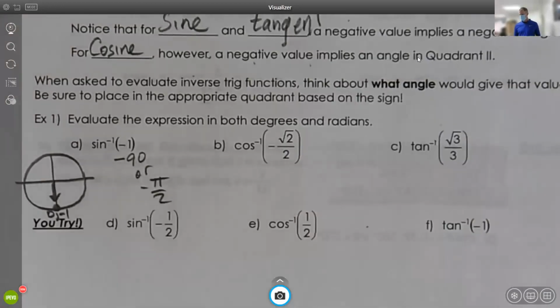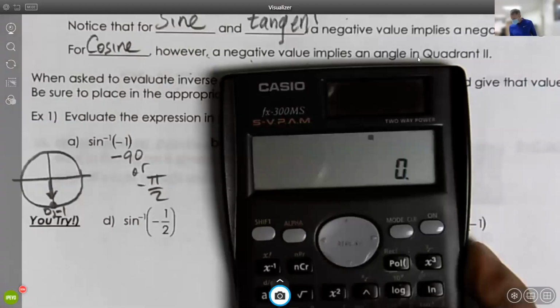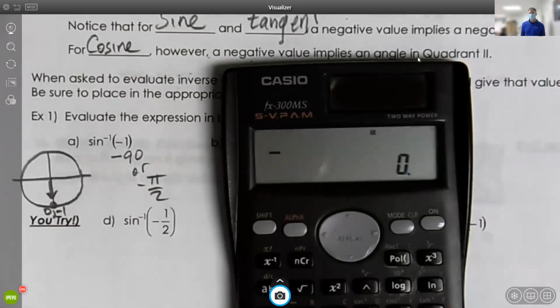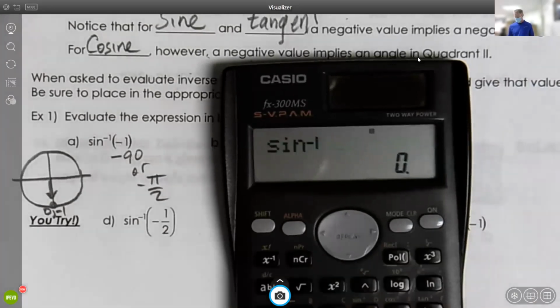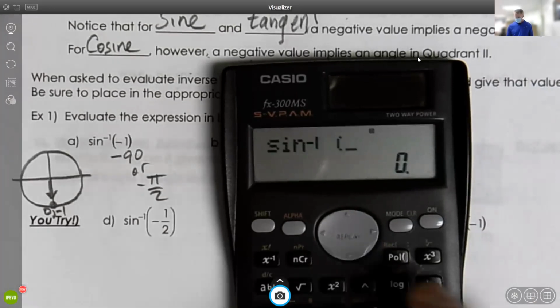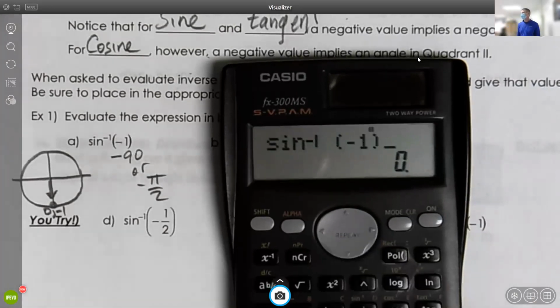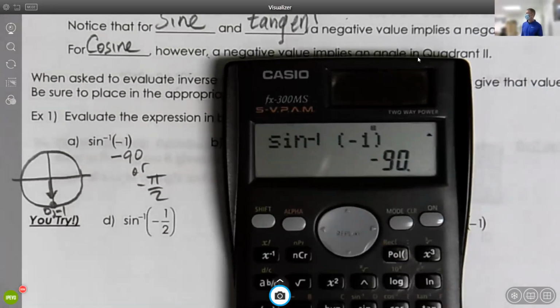You can test that theory by going to your calculator. You could do sine inverse of -1, and it should give us -90.